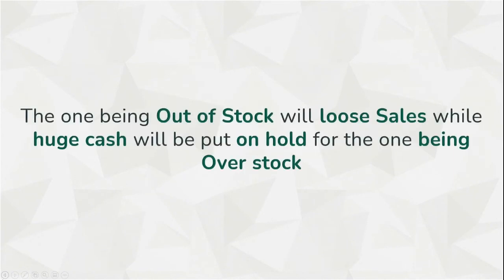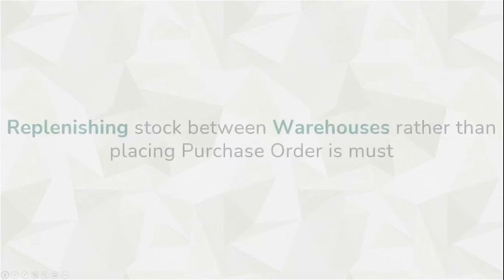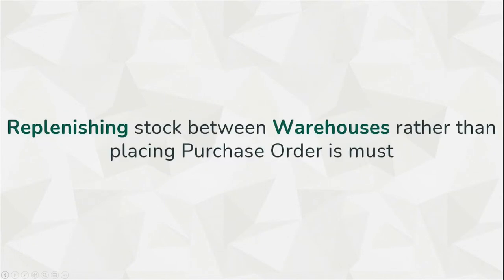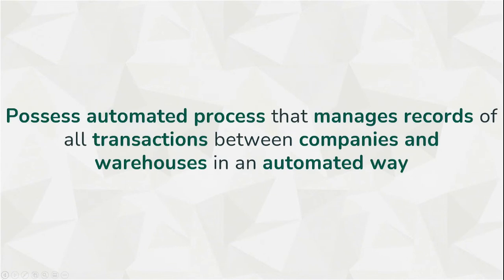The one being out of stock will lose sales, while huge cash will be put on hold from the one being overstocked. So, replenishing stock to maintain optimum inventory between the warehouses, rather than placing a purchase order every time, is a must. And so, there also arises the need to possess an automated process that manages records of all transactions between the companies and warehouses in an automated way.